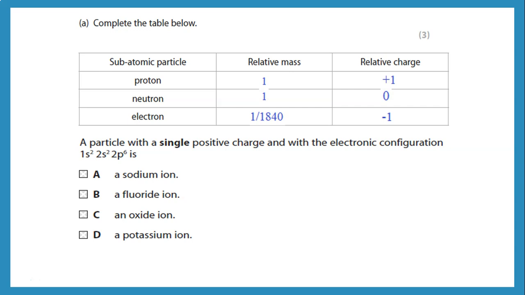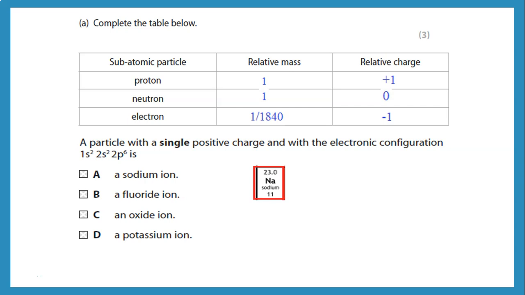So when the electron configuration of the ion is 1s2, 2s2, 2p6, I'm looking for something with 1 extra electron. So instead of 10, I'm looking for 11.